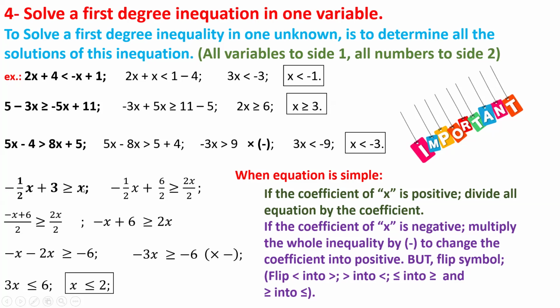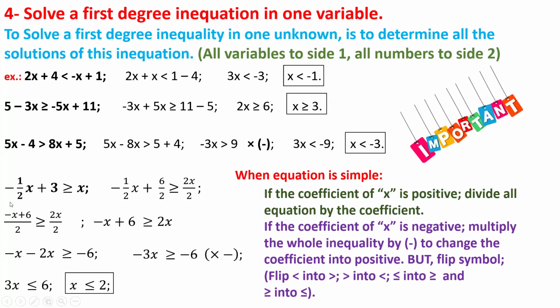Now, as you can see in this inequality, one of the coefficients of x is a fraction. So all of side 1 should be written as one fraction, and all of side 2 should also be written as a fraction. But on side 2, I should have a fraction with a denominator similar to the denominator in side 1.